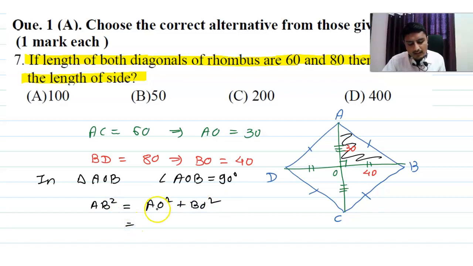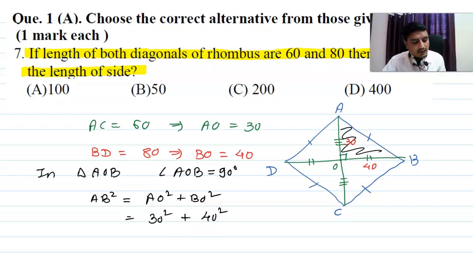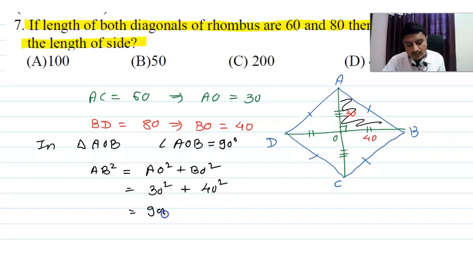Replacing by their values, AO is 30, so we get 30 square, plus BO is 40, so we get 40 square. 30 square is 900, while 40 square is 1600. Once we add them up, we get 2500. So the value of AB square is 2500.